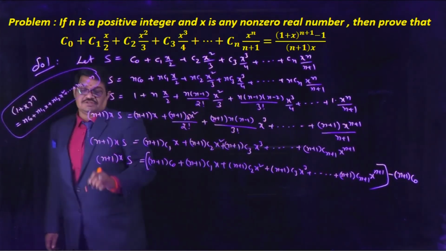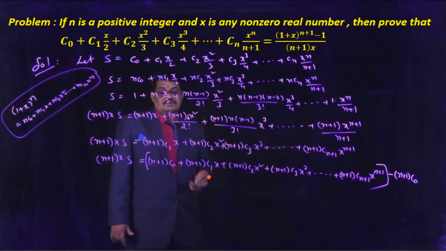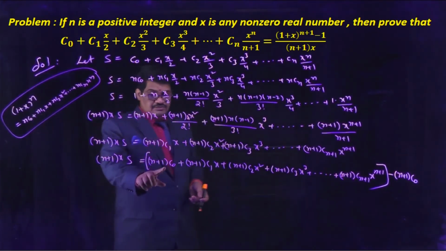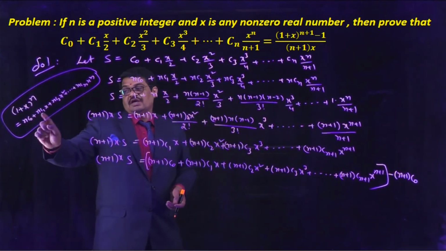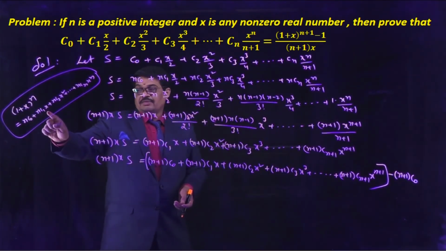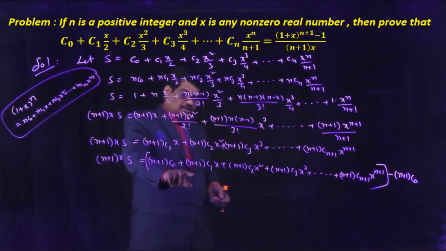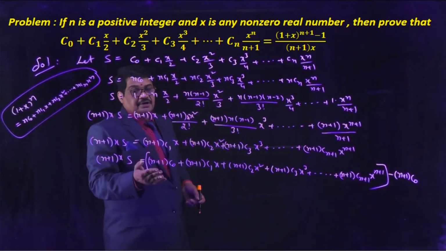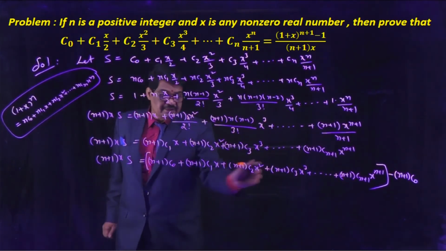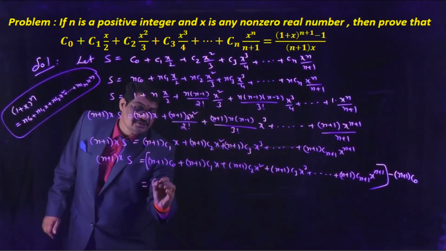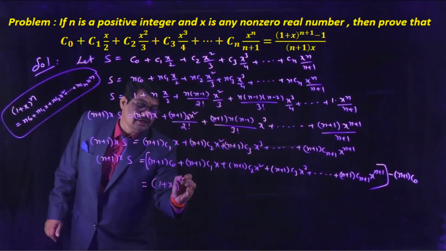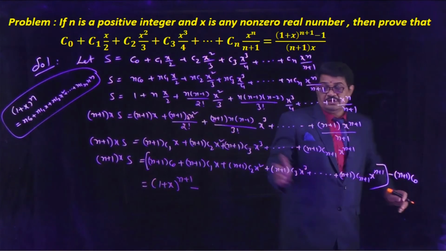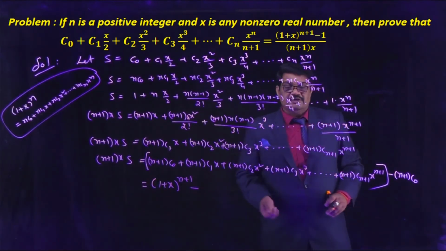In that, where n is n+1, we get (n+1)C0, (n+1)C1 x, and so on. So this expansion can be written as (1+x) to the power n+1.